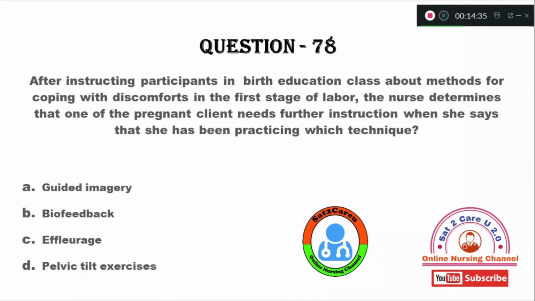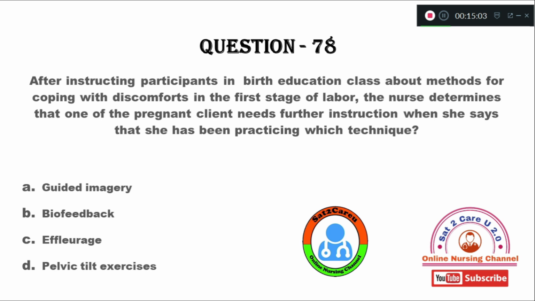Question number 78. After instructing participants in the birth education class about methods for coping with discomforts in the first stage of labor, the nurse determines that one of the pregnant clients needs further instruction when she says that she has been practicing which technique? Option A, guided imagery. B, biofeedback.